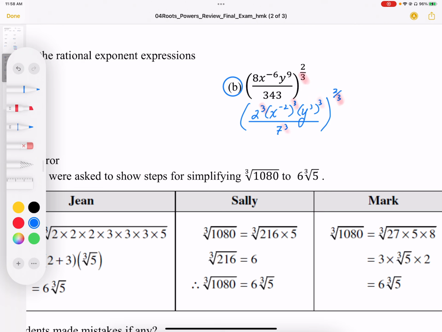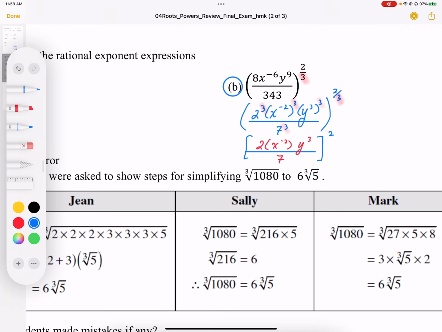So what we end up with then, and it has to be to every term, so we are going to end up with 2 x to the negative 2 y cubed, and then 7, and then we apply the square onto that.